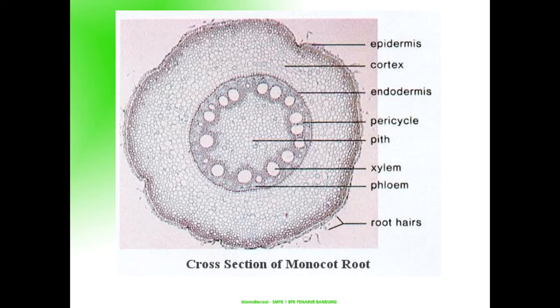They are the same, but since the locations are different, the parenchyma tissues located in between epidermis and endodermis are called cortex, while the parenchyma tissues located inside the endodermis are called pith.